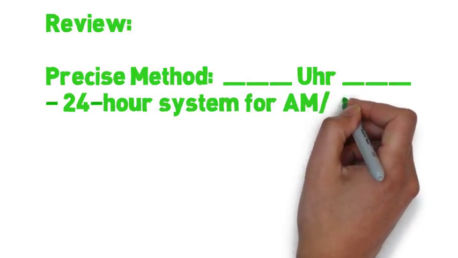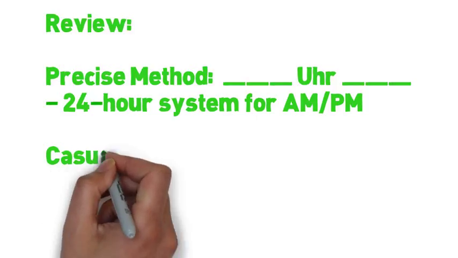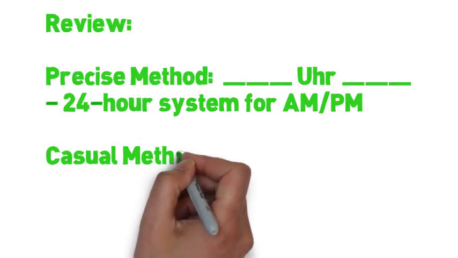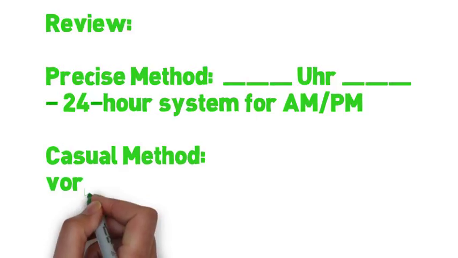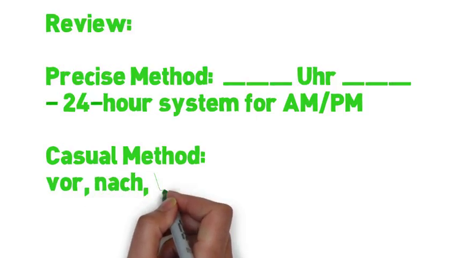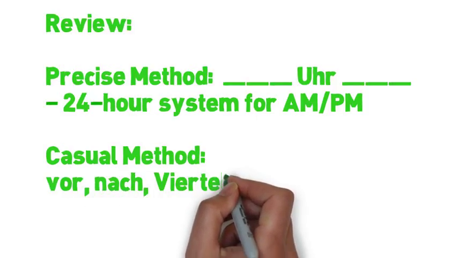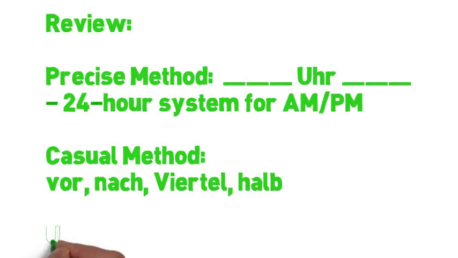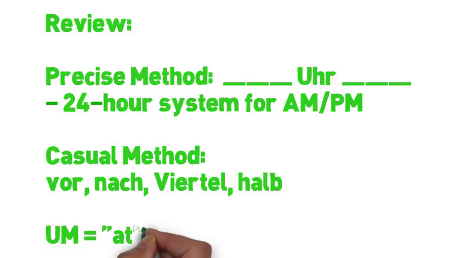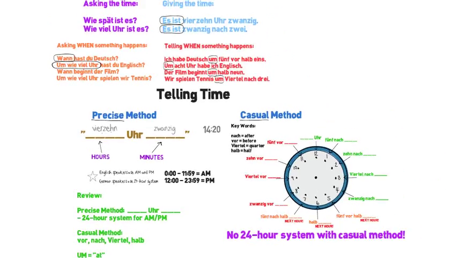You'll use a 24-hour system to specify AM or PM, so 5 PM is 17 Uhr, add 12 to get the number. 6 PM is 18 Uhr, 7 PM is 19 Uhr, etc. When you want to be casual, you'll use the numbers along with words like vor, nach, viertel, and halb. But remember that halb will refer to the upcoming hour, not the previous one. Finally, the word um is very important since it means at. Put um before a precise or casual time to tell when something happens.